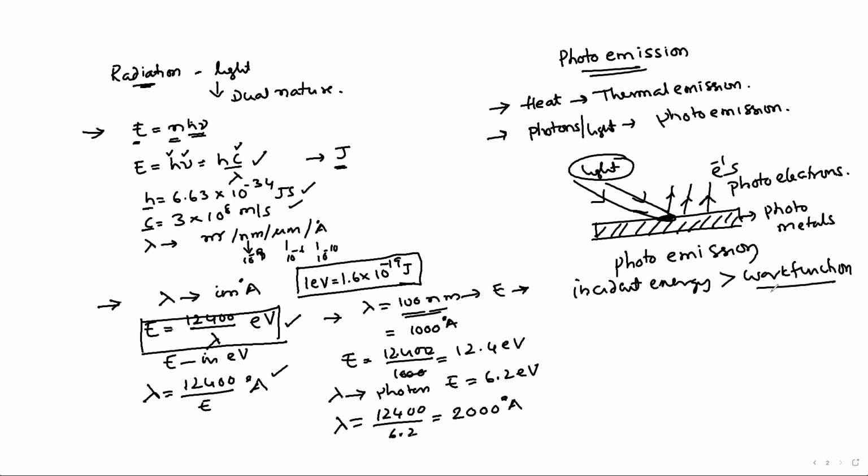Now this work function is nothing but the minimum energy required to emit an electron from a photometal. In terms of photons, in terms of frequency, the incident energy is h nu. This should be greater than the work function, and this work function is written as h nu naught. Here h is Planck's constant and nu naught is called the threshold frequency.